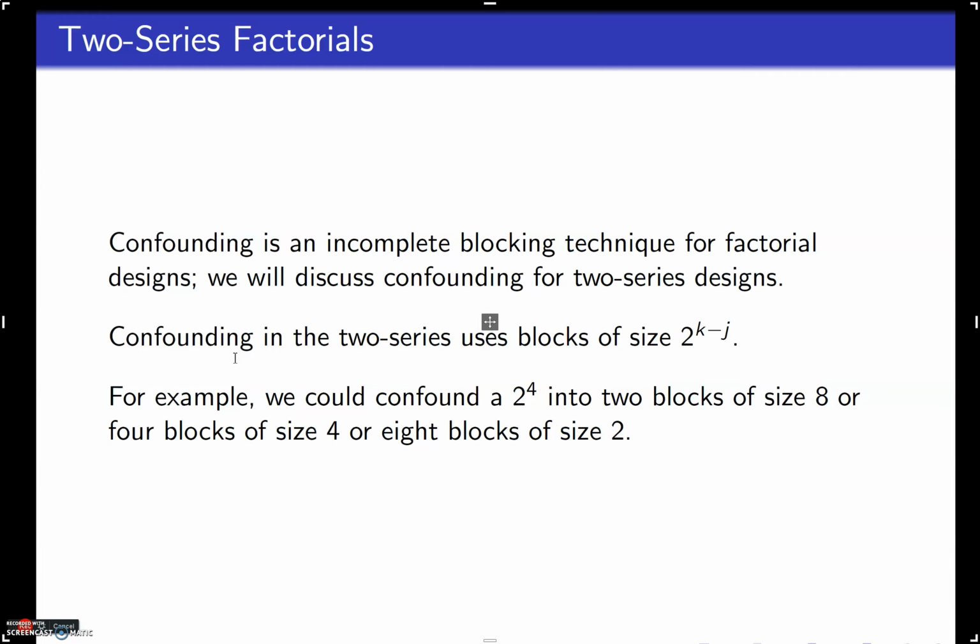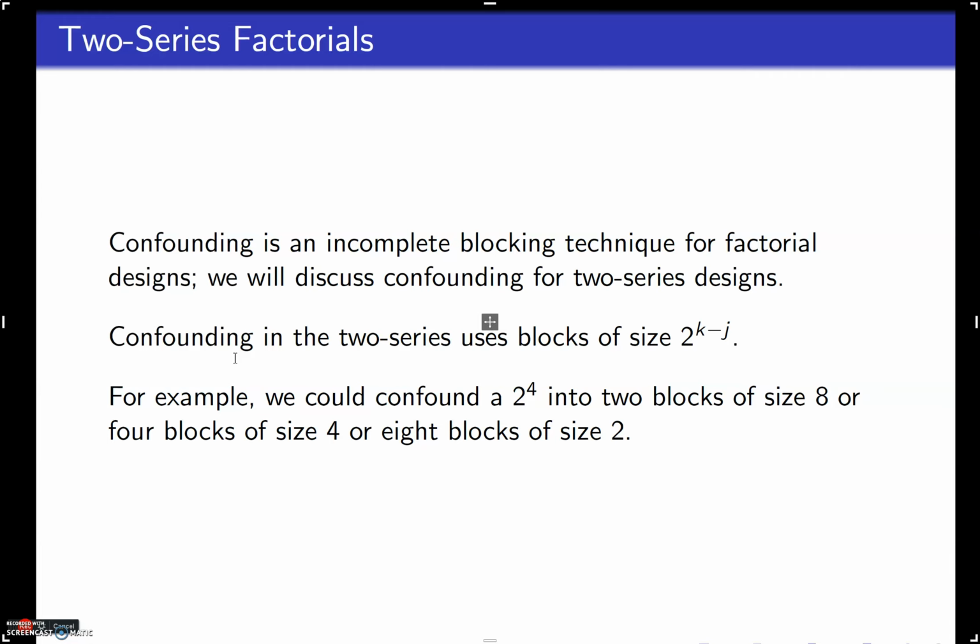So in cases where we have large-scale factorial designs, we need to discuss how to appropriately confound certain two-way interactions to really focus our model, but also to control experimental error ultimately.